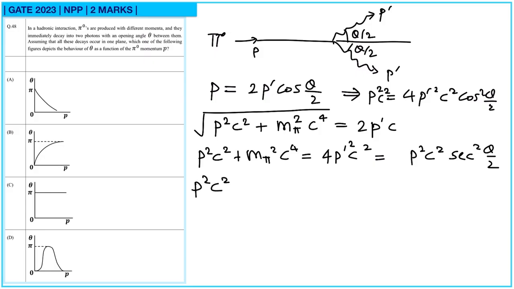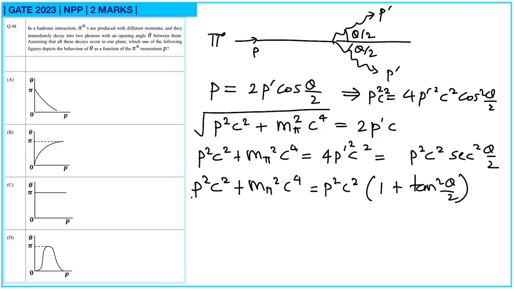Okay, so this will be p square c square plus m pi square c raised to 4 is equal to p square c square, and in brackets sec square theta can be written as 1 plus tan square theta by 2. So this p square c square will cancel out and you will get m pi square c raised to 4 is equal to p square c square into tan square theta by 2.